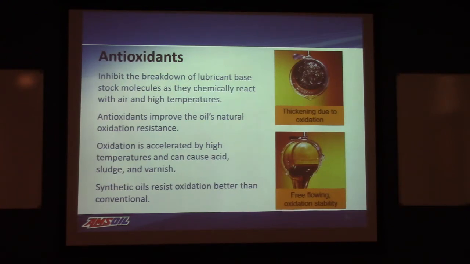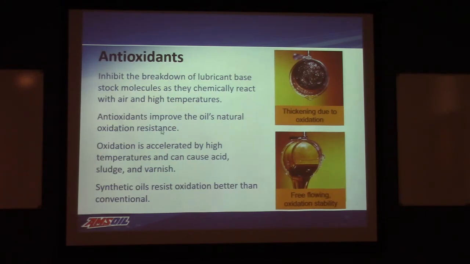The reason for that, these oils will only hold so much additive. If you have to put 20 different additives in there, you're not going to be able to put a lot of all of them in there. But if there are some that you don't need, like antioxidants, if you're using a suitable base material, all of a sudden, now you have room for more of something else. So these additives will take care of a lot of the needs, but really, if you don't need them, you don't want them in there. Okay.